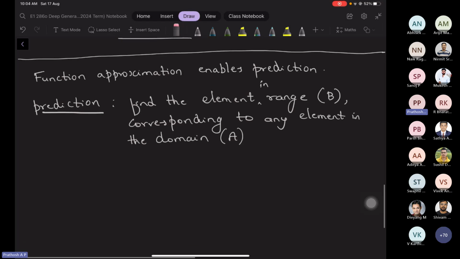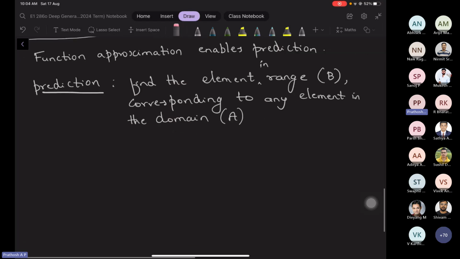Now, as Arijit was asking, the problem here is the following.